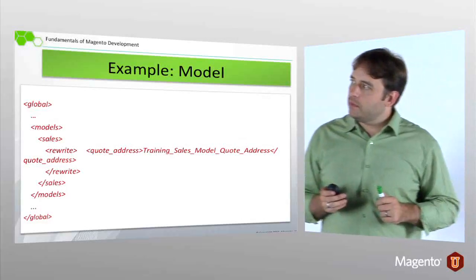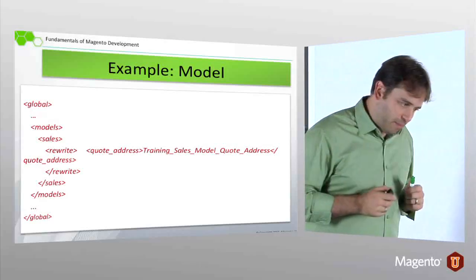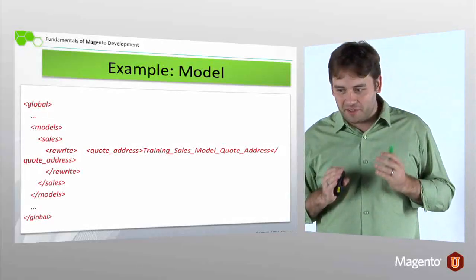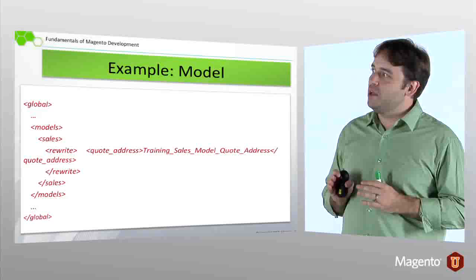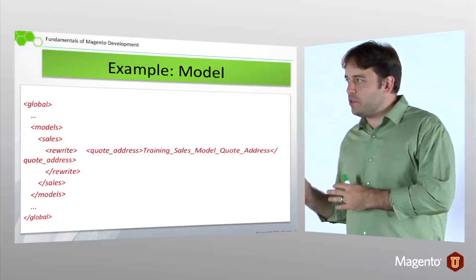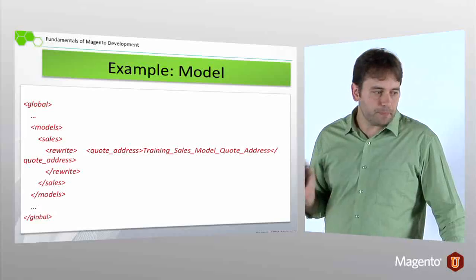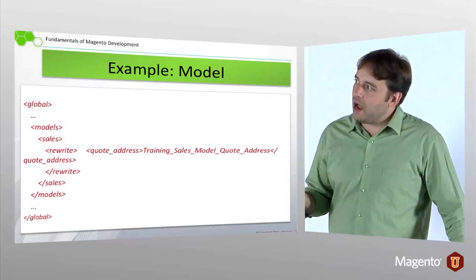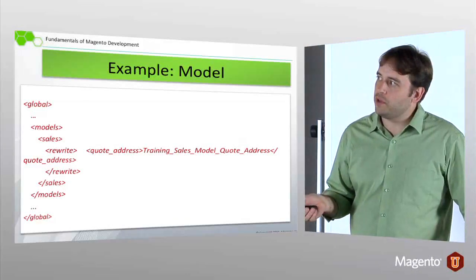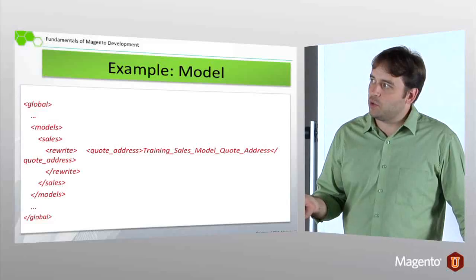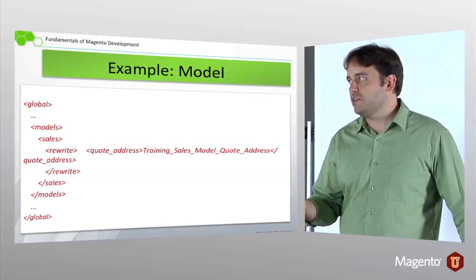So again, I know I'm spending a lot of time on this one point here, but it's very important because this is why we use factory methods, and this is how this works. We're going to take our node, this rewrite node, and pass in quote_address, and then pass in a full class name.